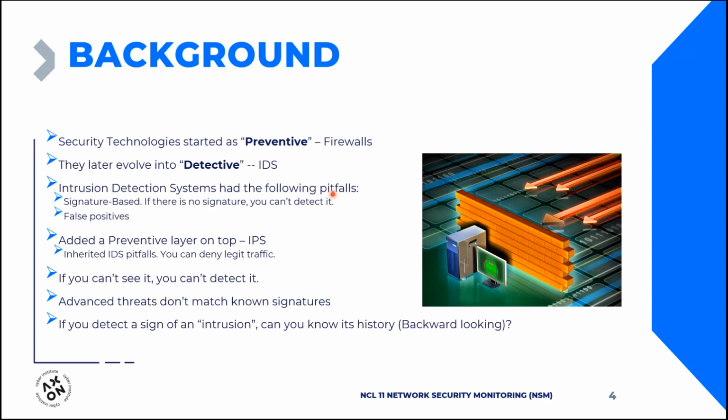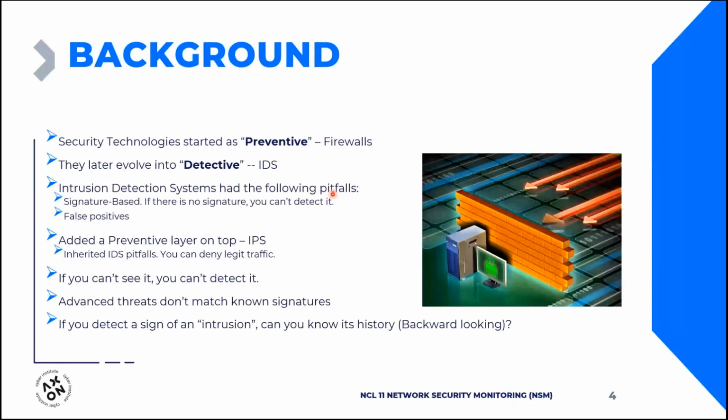So we evolve from those. We have the problem that if we don't have a signature for it, then we cannot detect it. And if there is something that the IDS cannot see in particular, then we cannot detect it.